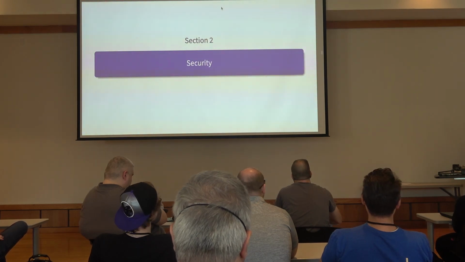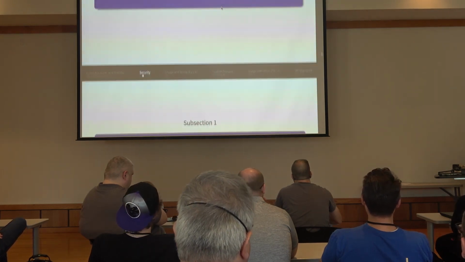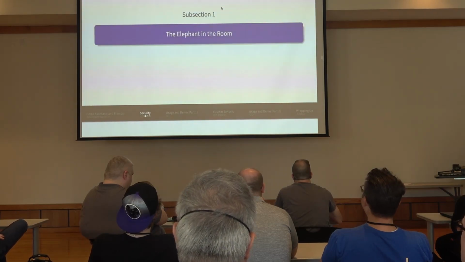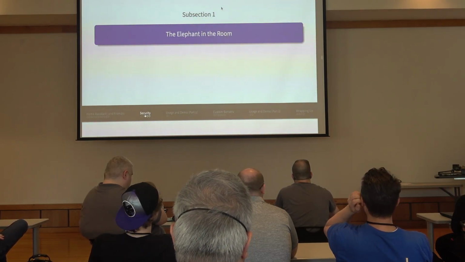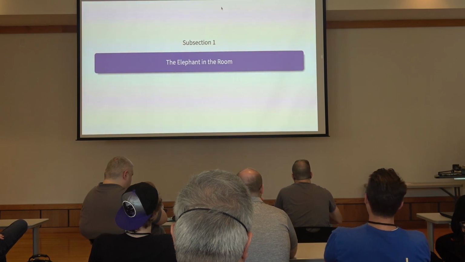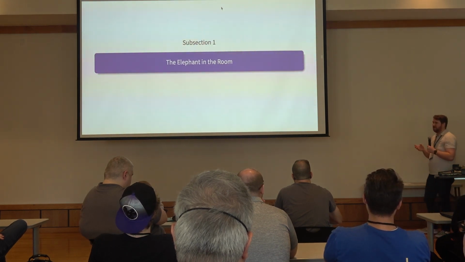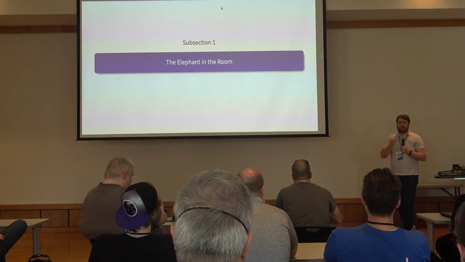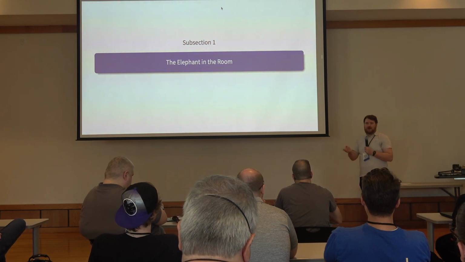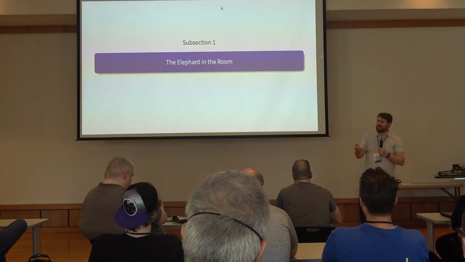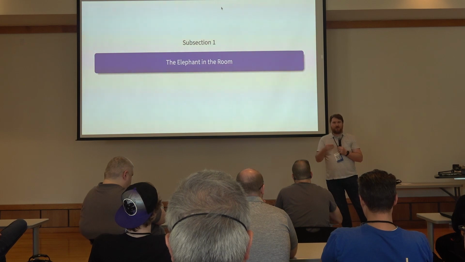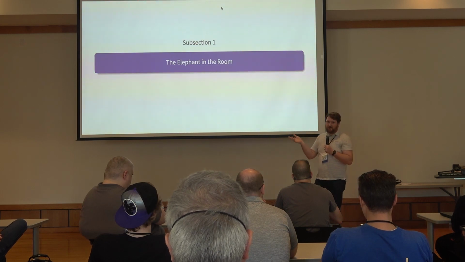So, security. This is kind of the elephant in the room. The big conversation a lot of people have with Internet of Things is, how secure is it? You have all these different apps on your phone, collecting data, potentially sending data to who knows where.